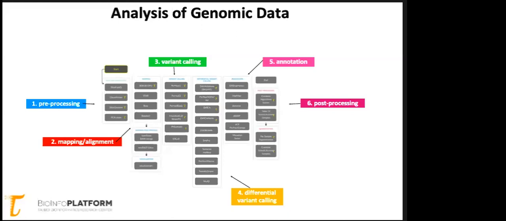After mapping, we'll be able to visualize where exactly our sequence read differs from the reference genome. Is it at position 102? Is it at position 500? We'll be able to see during visualization that this is where there is variation.